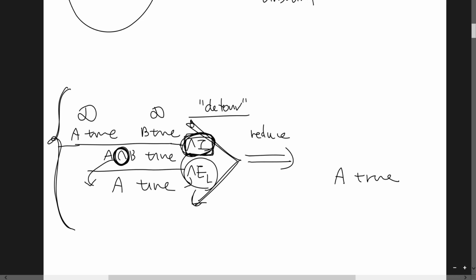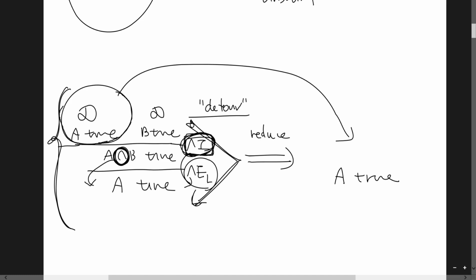And in this particular case, it's pretty easy to see because we just take this sub-derivation tree, that is, we make a copy of this smaller derivation tree, and then we deduce A true directly. Here, we take this detour because intuitively, there's no point in applying the conjunction introduction rule only to eliminate it right away.